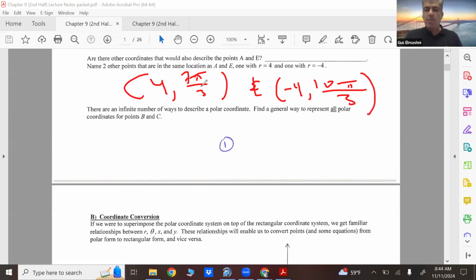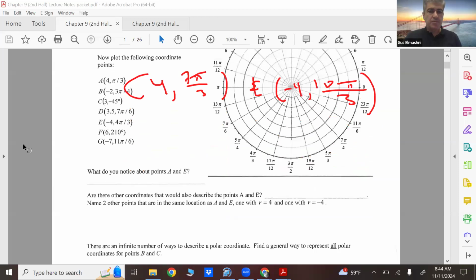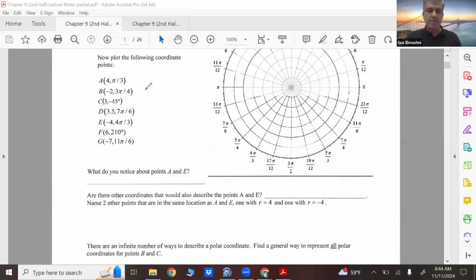Now find a general way to represent all polar coordinates for B and C. So for B and C, you could say negative 2, geez. Remember what we used to say? Plus what? Yeah, 2 pi k, exactly, where k is any integer.